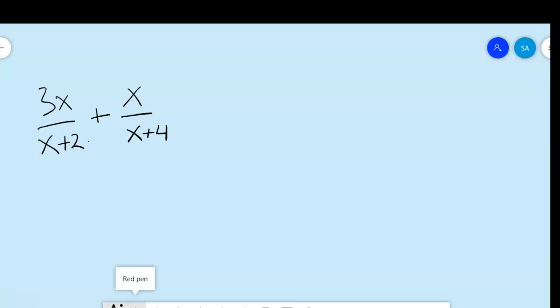We will multiply this and that as our denominator: x plus 2 in parentheses, x plus 4 in parentheses. For the numerator, you can cover this one, and then you multiply this to that.